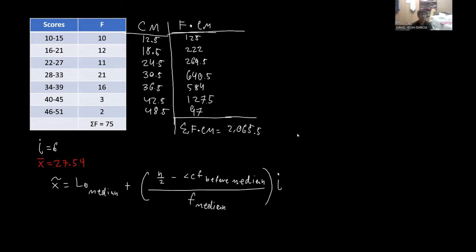So it seems like we have a lot of things to determine, like the lower boundary of the median class and the frequency of the median class, so on and so forth.